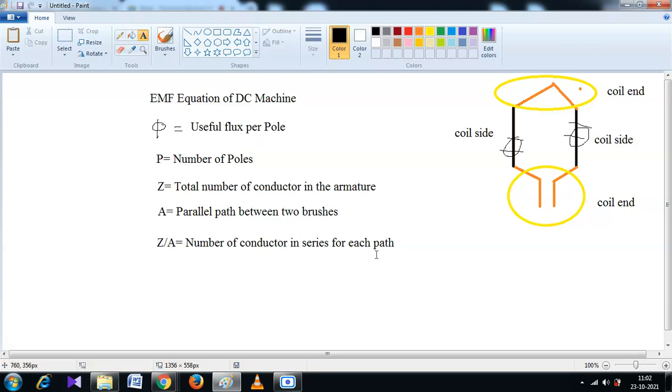So the number of series conductors in a parallel path is 10. That means Z by A is equal to the number of conductors in series for each path. I can say that.